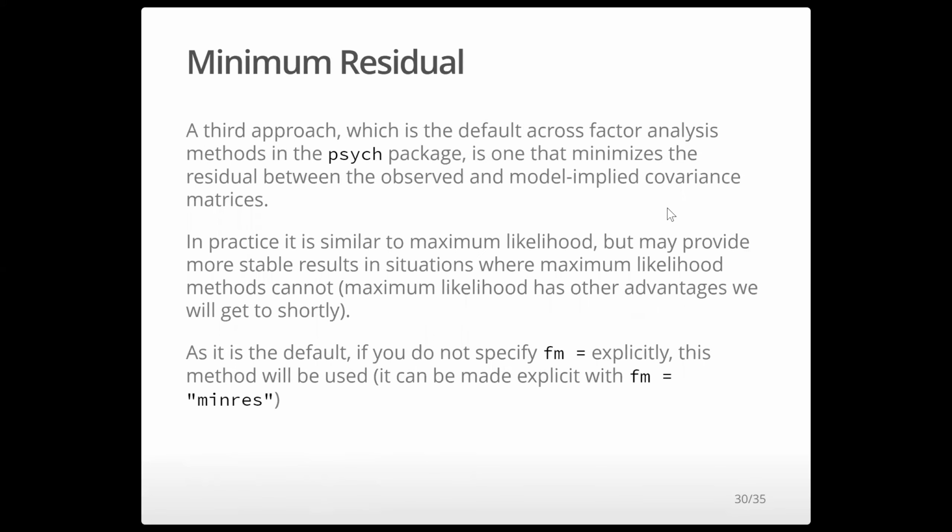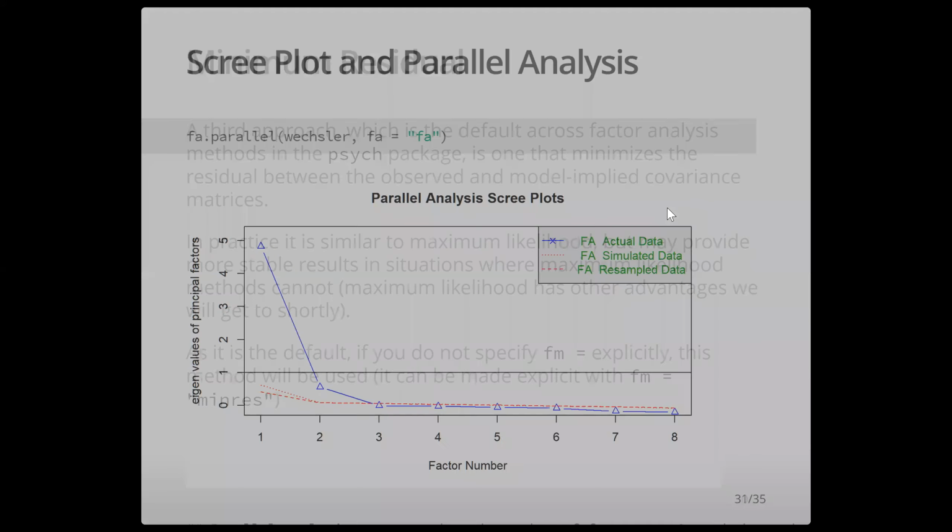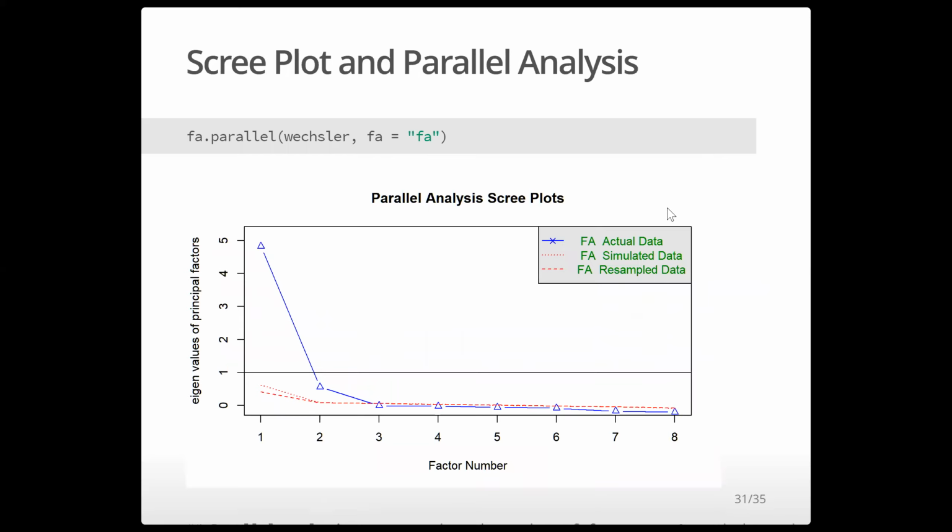A third approach, which I'm going to cover because it's the default in the psych package, is called minimum residual. In practice, it's very similar to maximum likelihood. It's actually based on ordinary least squares rather than maximum likelihood, and it's trying to minimize the residual between the model-implied and the observed covariance matrix. Here's the scree plot.